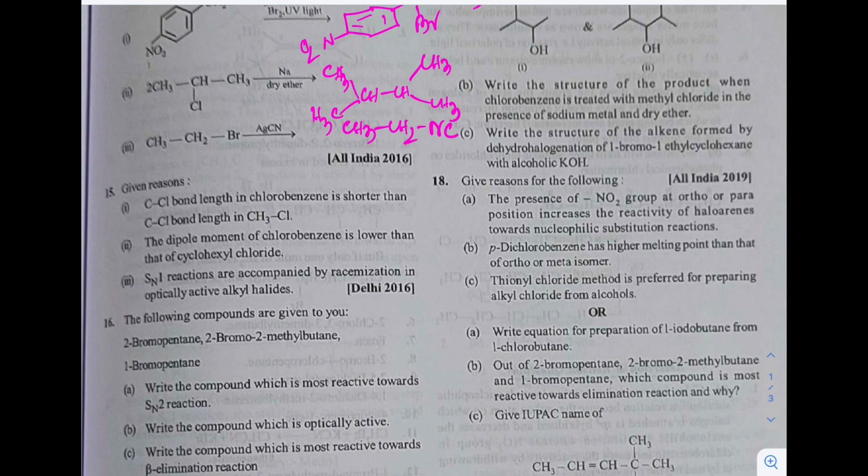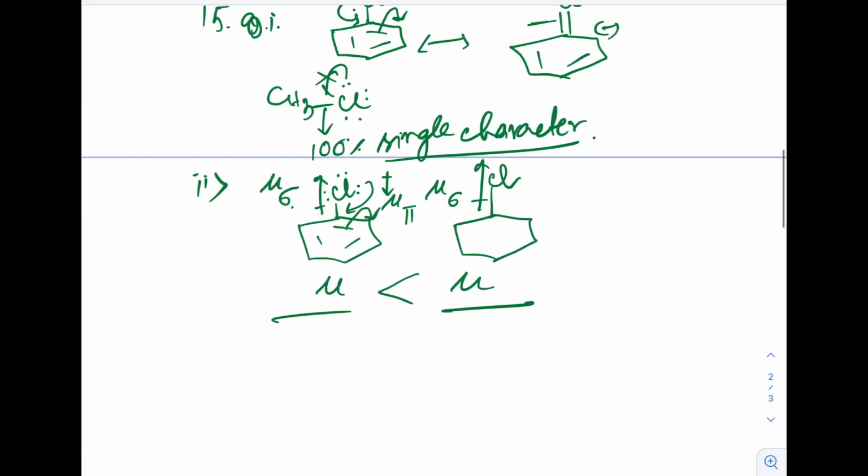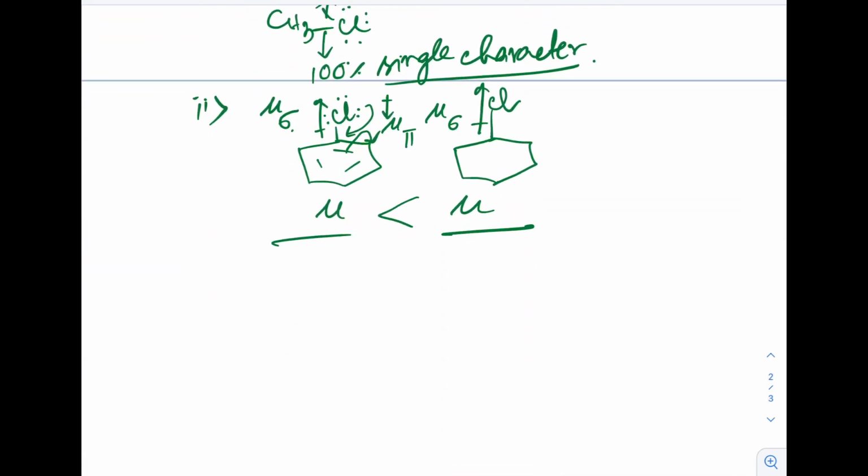Next we'll move to question 3. SN1 reactions are accompanied by racemization in optically active alkyl halides. Here you have to write down that SN1 proceeds through planar carbocation formation, and a plane has two faces.